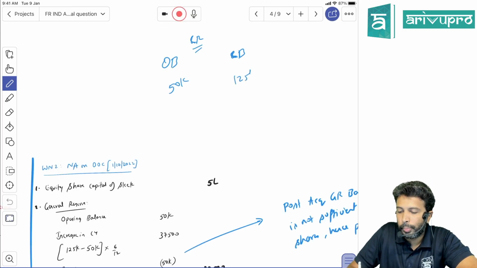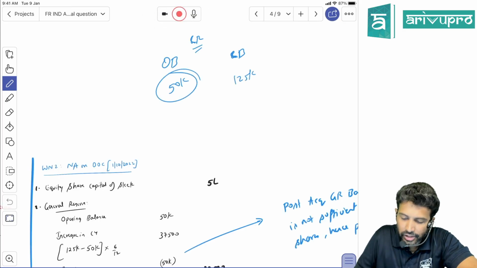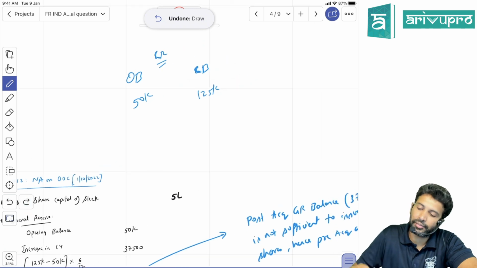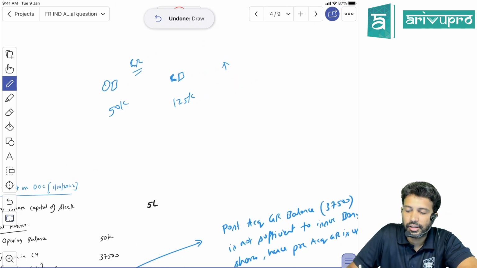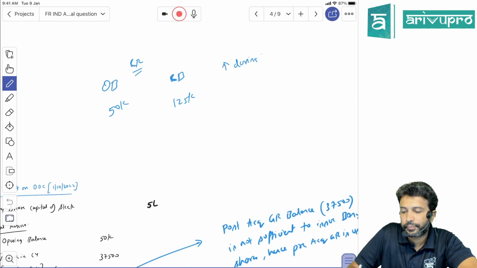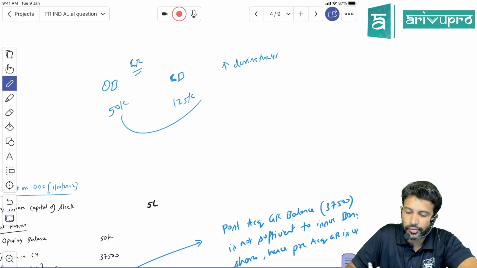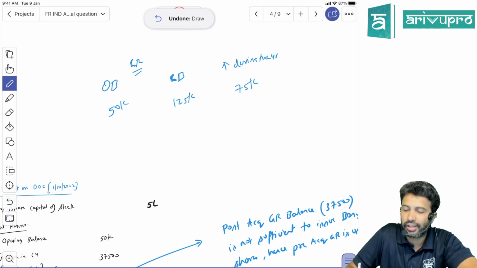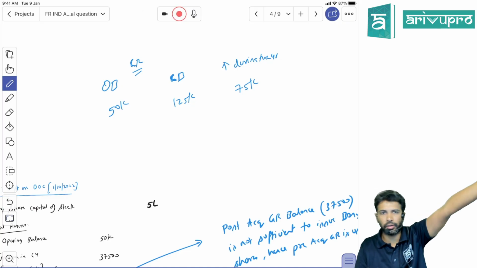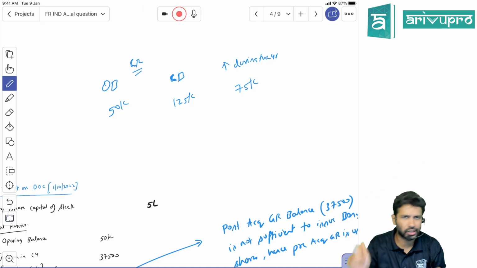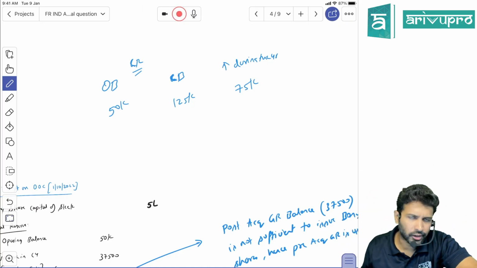On 1st April the balance was 50, and the closing balance has become 125, so it increased during the year by 75,000. Obviously, the 75,000 would have been transferred from retained earnings to general reserve. That's the reason the general reserve balance increased.